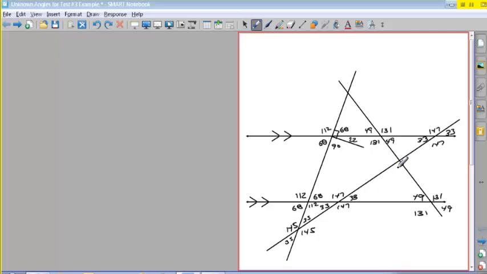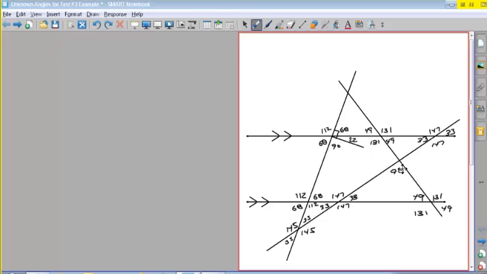So this angle here is going to be 180 minus 33 minus 49, or 98. So if we take 33 plus 49 plus 98, we get 180.